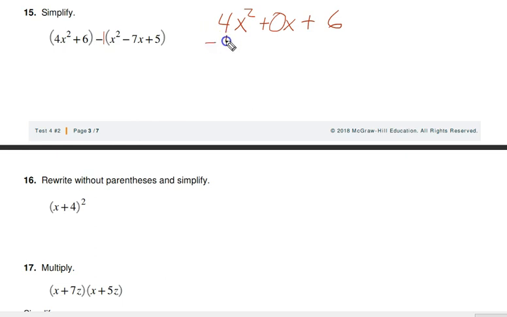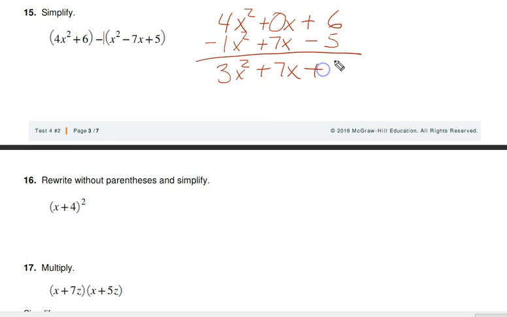So this is a negative 1x now. We don't usually write the 1, but you can. This becomes a positive 7x, and this will become a negative 5. So adding these up, this is 3x squared plus 7x plus 1. Alright, not too bad.